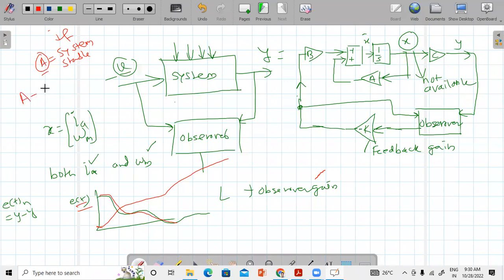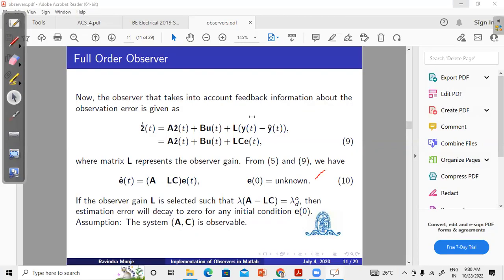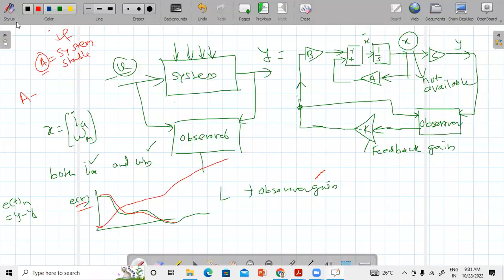So we write A minus LC here. For that we design L by the same procedure that we have used for state feedback control design. Once this is done, then your observation error will always go to 0.